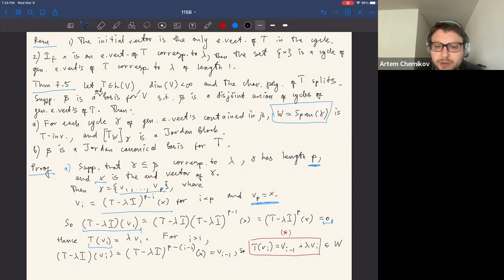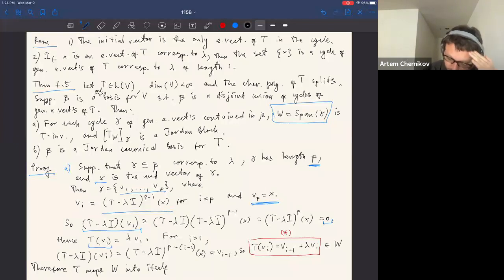Any questions about this derivation so far? Okay. If not, the point of what we just demonstrated is that T maps W into itself, right?